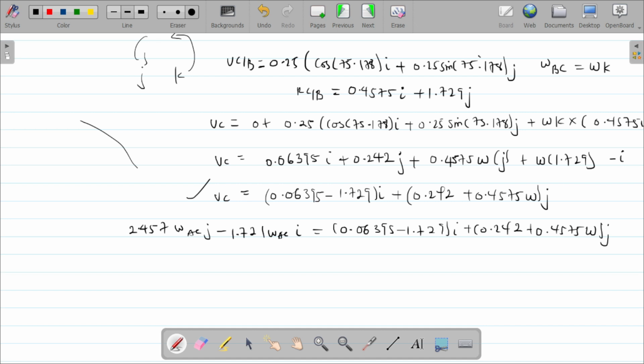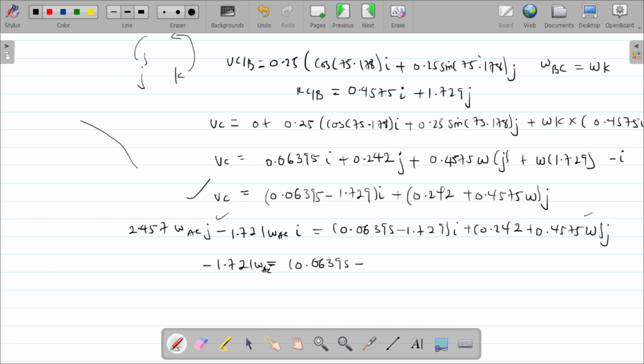So you compare j to j, you compare i to i. So negative 1.721 omega AC is equal to 0.06395 minus, we didn't bring the omega here.